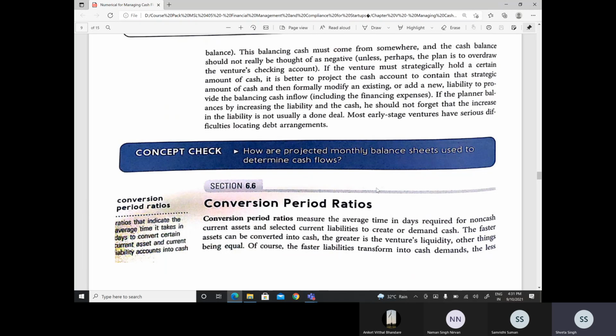If the planner balances by increasing the liability and the cash, he should not forget that the increase in the liability is not usually a done deal. Most early stage ventures have serious difficulties locating debt arrangements.